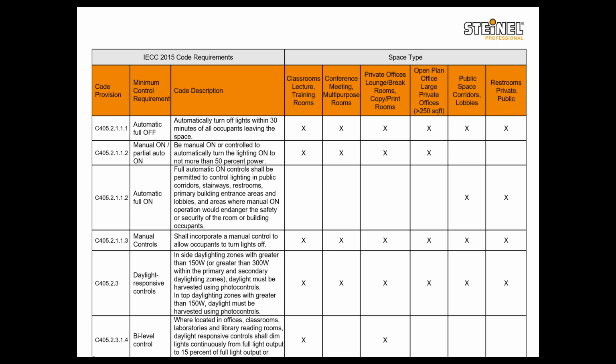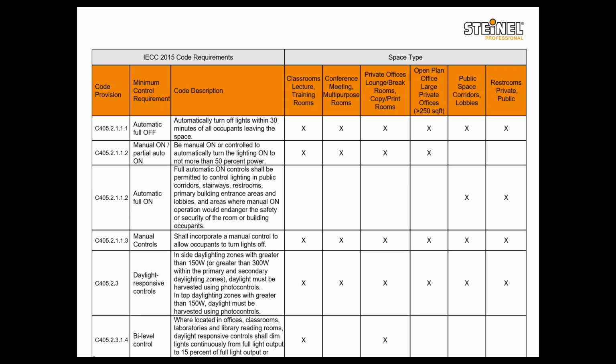The most important and sort of challenging requirement of the code is daylight responsive controls, because it has so many factors playing in, and a lot of times it's misunderstood.